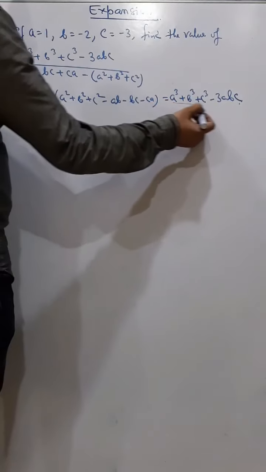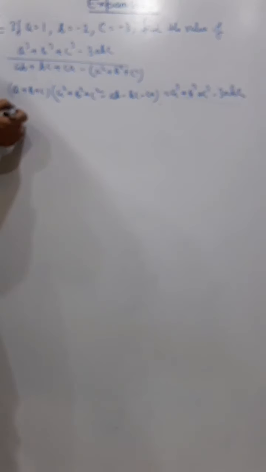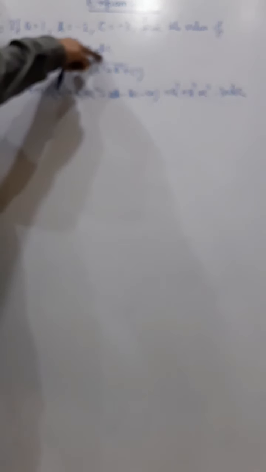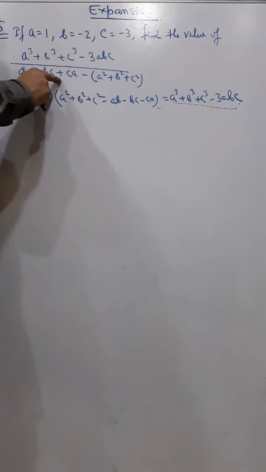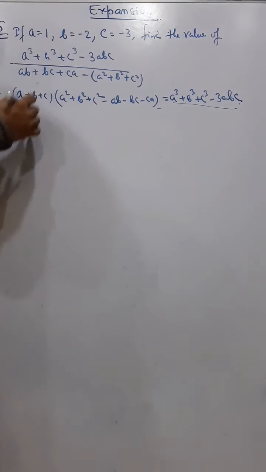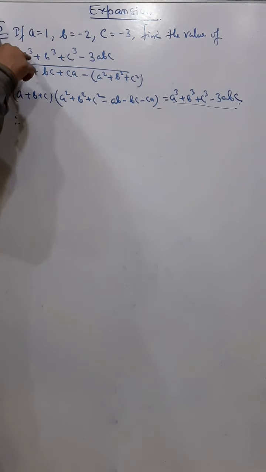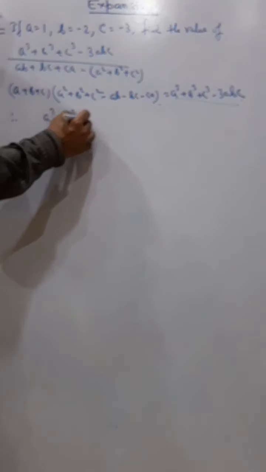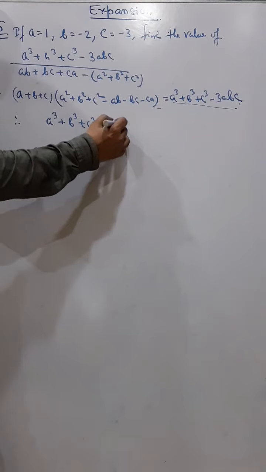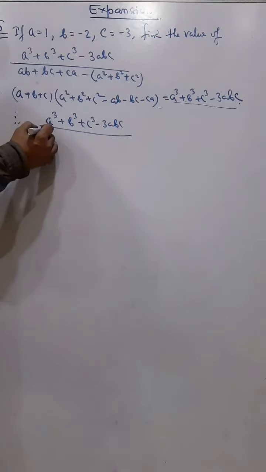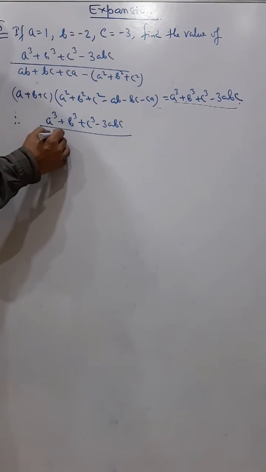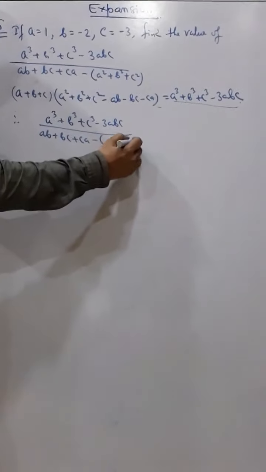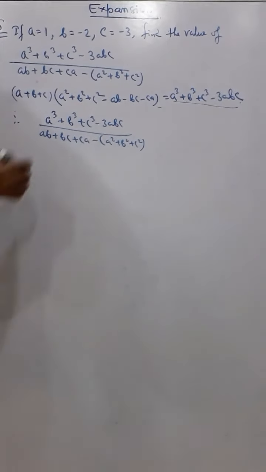Now why I am doing this? Because you know, in this place I can write this. Now in this sum you can see it is there. Now if you put this value, then you can see the numerator and denominator are similar. They are actually not the same now. So now what we can write? Now if you see the question, again I am writing the question, a cube plus b cube plus c cube minus 3abc, and then it is ab plus bc plus ca minus a square plus b square plus c square.